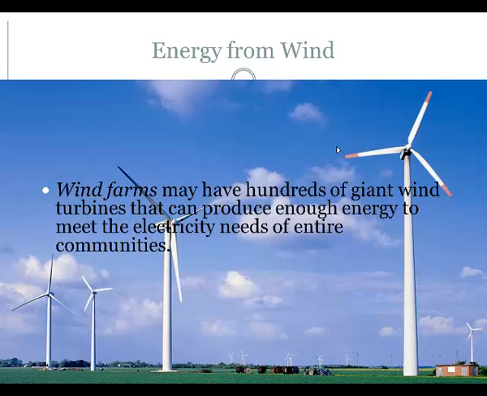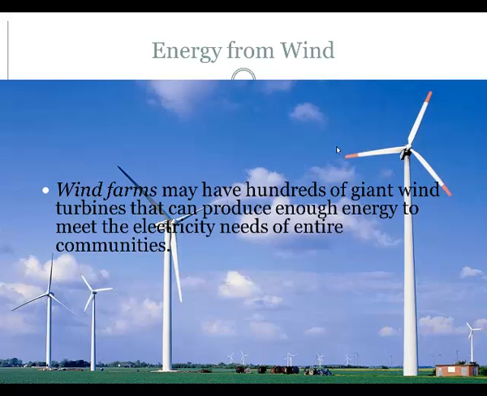Wind farms may have hundreds of giant wind turbines that can produce enough energy to meet the electrical needs of entire communities. Much of the energy that is being produced right now within the Breckenridge and Ithaca area is actually being transferred elsewhere. The downfall to these energy farms is that we haven't found a very good way of storing the energy that is produced.